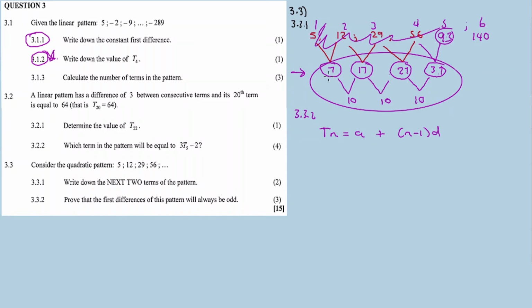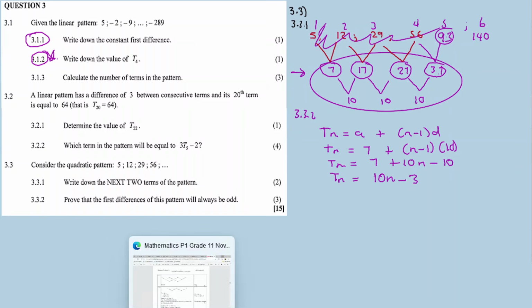We only focus on 7, 17, 27, 37. a is 7, n minus 1, d is 10. Let us simplify. So it's 7 plus 10n minus 10. So Tn equals 10n, 7 minus 10, that is minus 3, right?